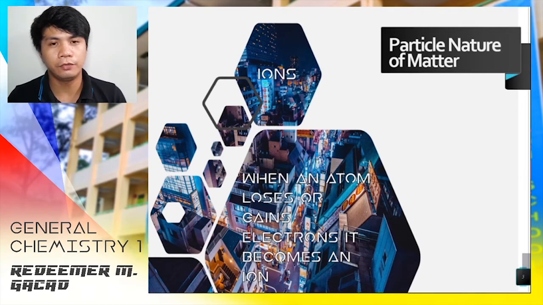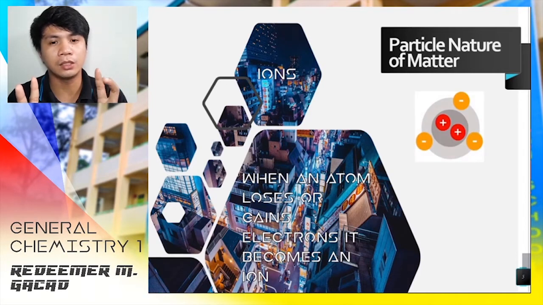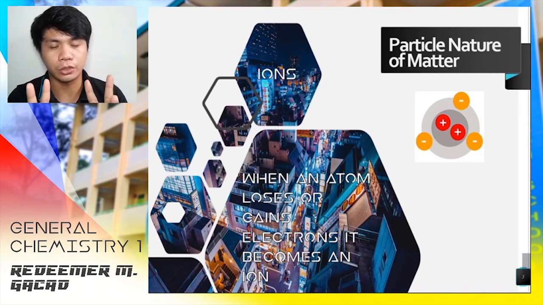Okay? For example, a neutral atom that has 2 protons should have 2 electrons. But if it gains an additional 1 electron or extra electron, then it becomes negatively charged because there are more electrons kaysa sa protons.